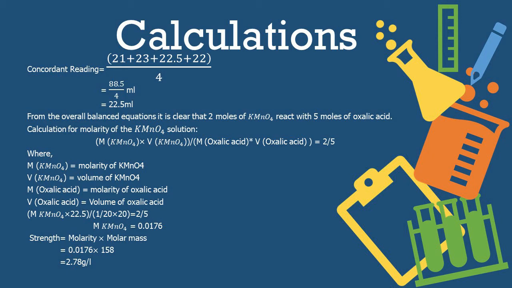Therefore, we calculated the molarity of KMnO4 by putting it into the formula. By calculation, the molarity of KMnO4 came out to be 0.016 and the strength came out to be 2.78 grams per liter.